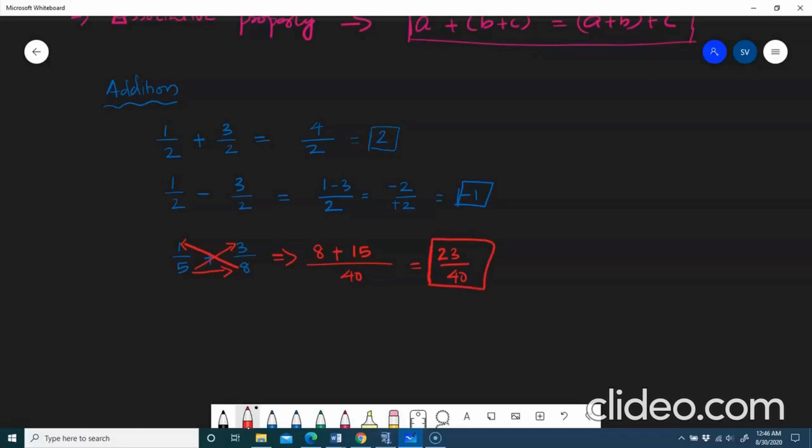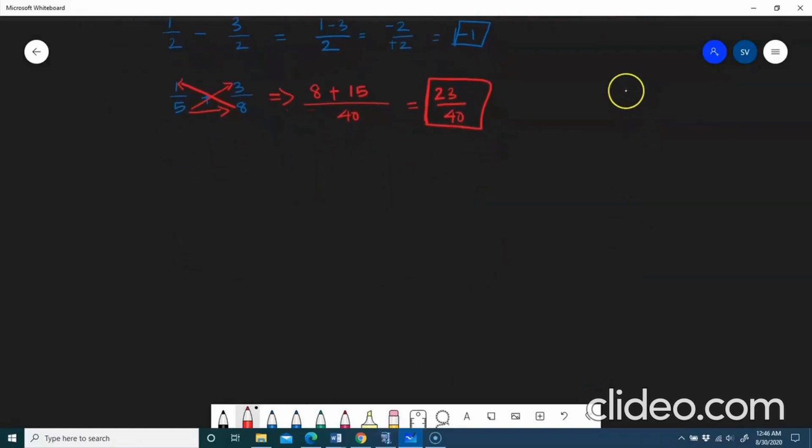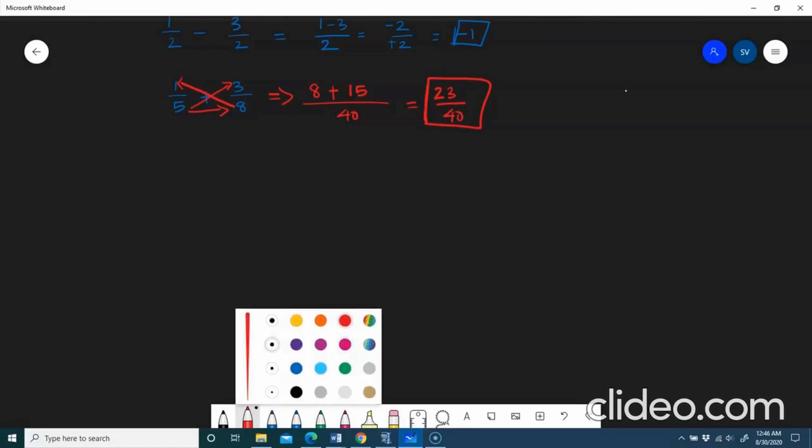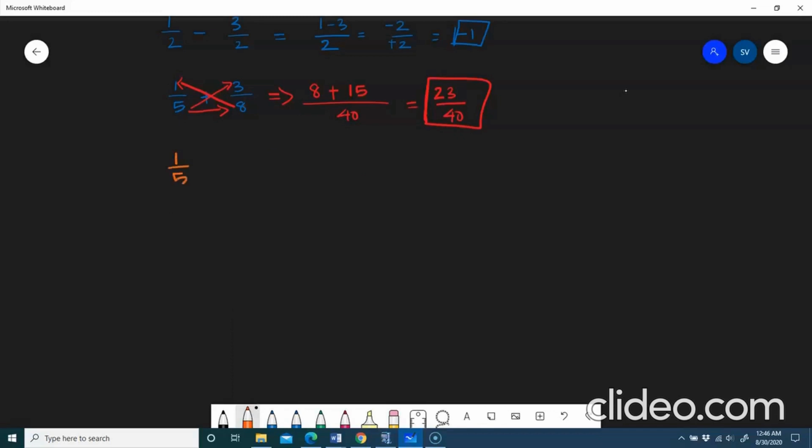The same problem I will do in a different way with some steps, because your teachers will check for the steps that you take to reach the answer. I'm doing that with a different color pen. So the same problem, 1 by 5 plus 3 by 8.